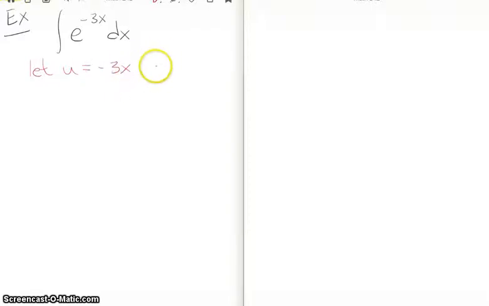When we do that, notice that we get what du dx is. What's the derivative of negative 3x? It's negative 3. One thing that I didn't mention in the last videos is that usually so far when I've gone through these problems and I've gotten to this step, I usually move the dx up.